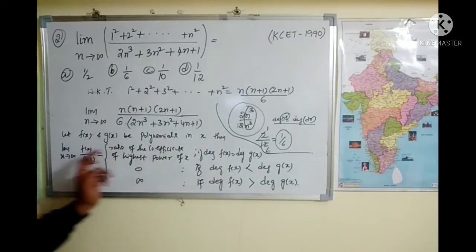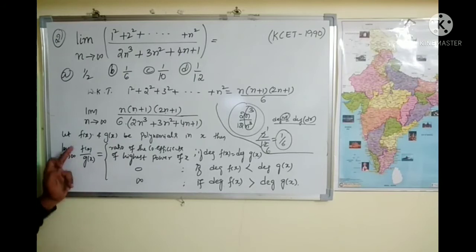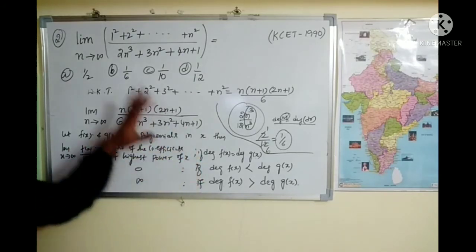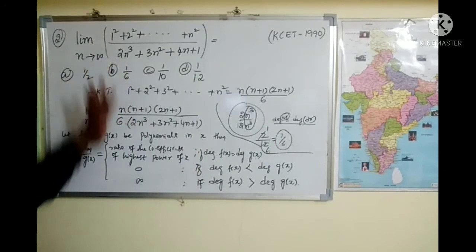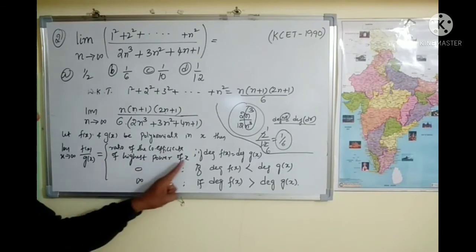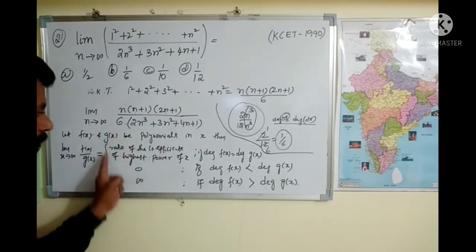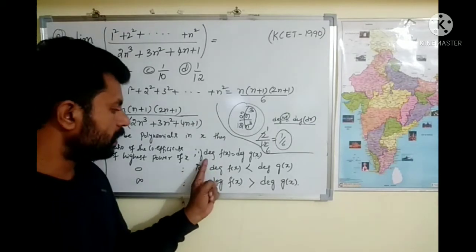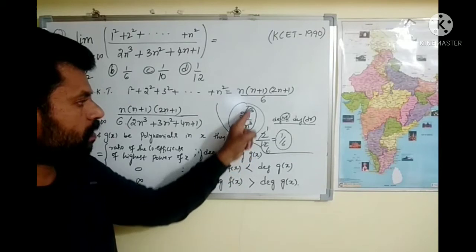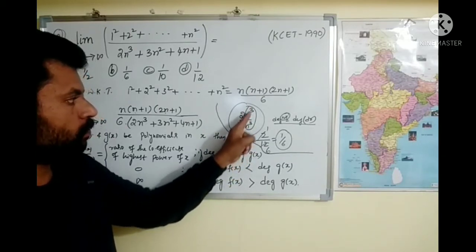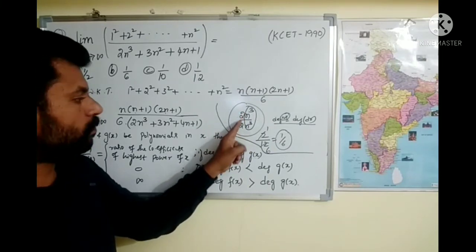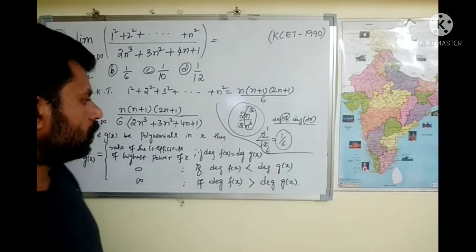Then consider limit x tends to infinity of f of x divided by g of x. This is in polynomial x notation, but the given problem is in n notation. If the degree of f of x is equal to the degree of g of x, we take the ratio of the coefficients of the highest powers. Here we get 2 divided by 12, which is 1 by 6 in this example.